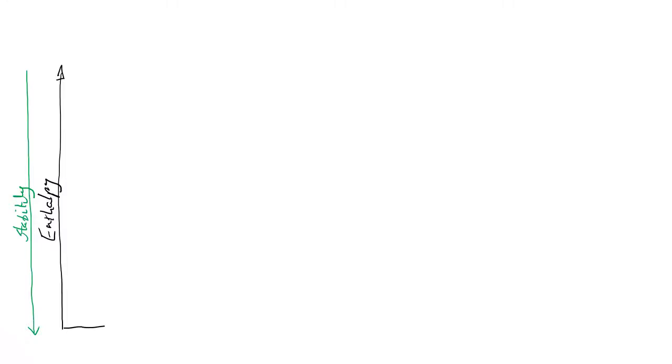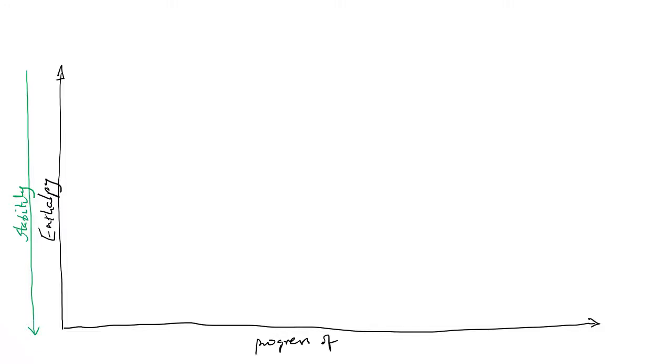Okay, so as usual our x-axis is progress of reaction, from reactants to products. And let's separate this into 2 halves. On the left-hand side, we can do the delocalised model.